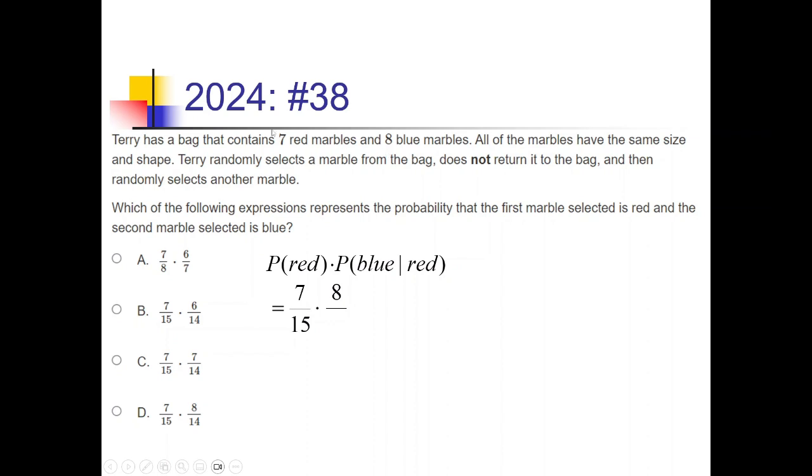Since you already got one of the red marbles, that leaves 6 red marbles, so that's a total of 14 marbles left overall. So that's 8 over 14. The good news is we don't actually have to multiply that and simplify it. We just have to find this in the answer choices, and it looks like that's right here with choice D.